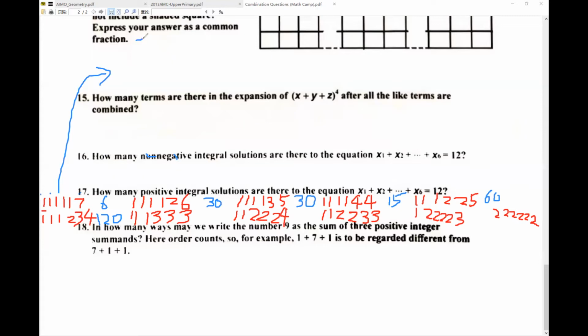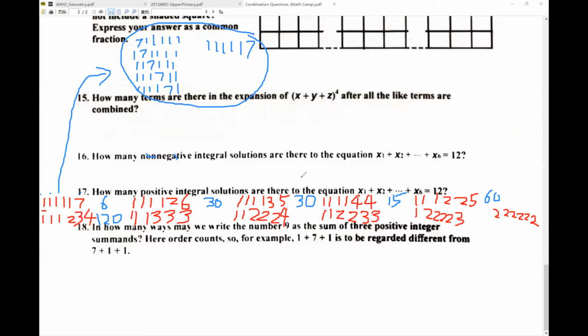So that's 7, 1, 1, 1, 1, 1; 1, 7, 1, 1, 1, 1; 1, 1, 7, 1, 1, 1; 1, 1, 1, 7, 1, 1; 1, 1, 1, 1, 7, 1; and last is 1, 1, 1, 1, 1, 7. Right? From here, we can find this group or category has 6 different combinations, possibilities. Do you understand this one?